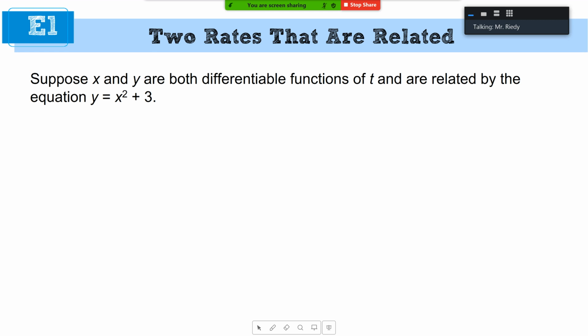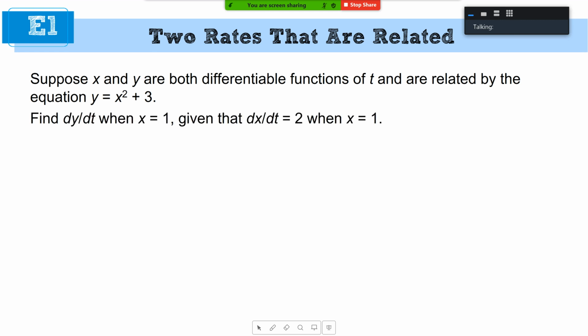Whenever we took a derivative with respect to x, it was just the derivative. But whenever we took the derivative with respect to y, we had to include a y prime on there. Because t is our variable now, anytime we take a derivative, you have to include a dy dt or a dx dt.